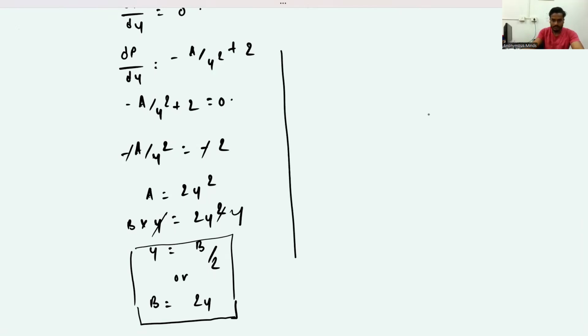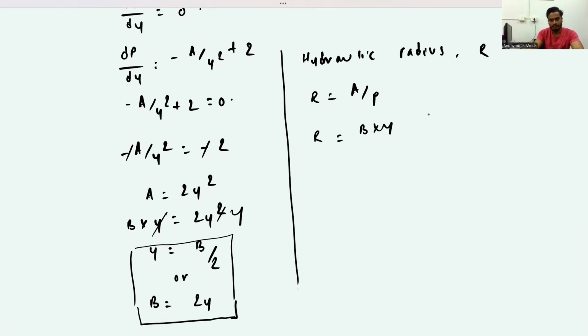Another thing, let's find out the hydraulic radius. So hydraulic radius denoted by capital R is equal to A upon P. So I can write R is equal to B into Y divided by B plus 2Y, which is nothing but B, since B is equal to 2Y.